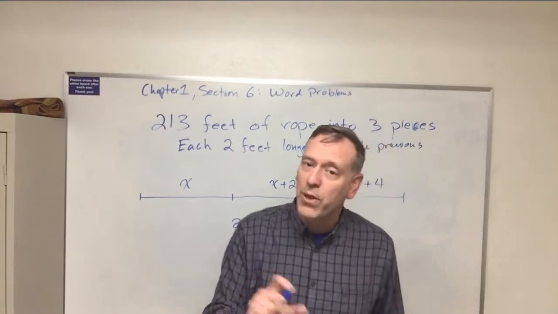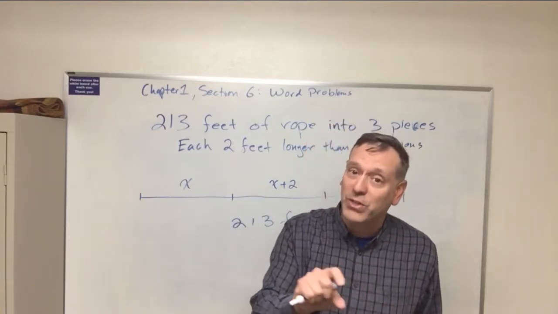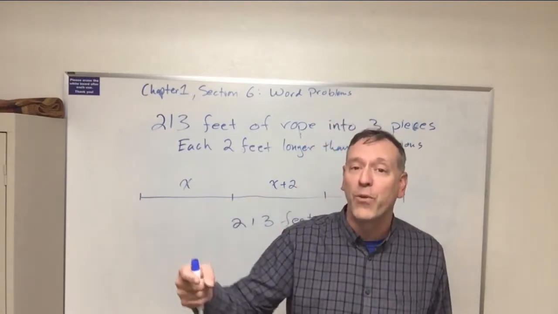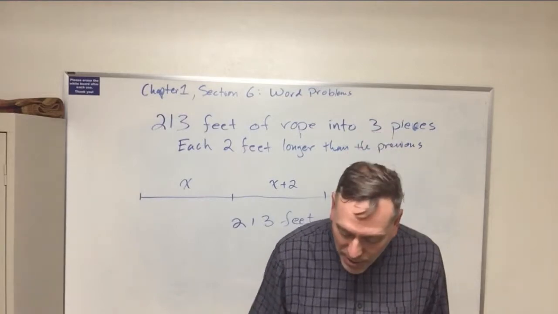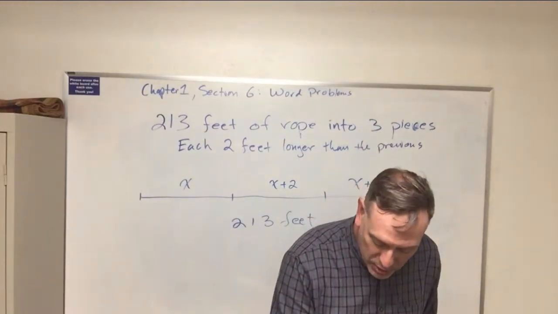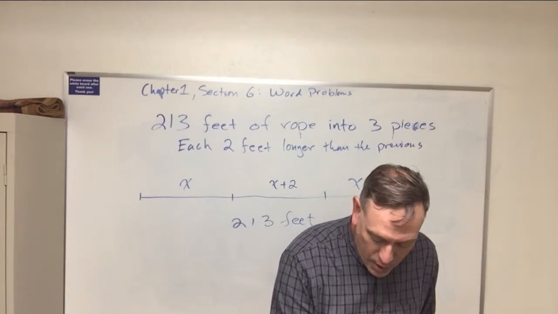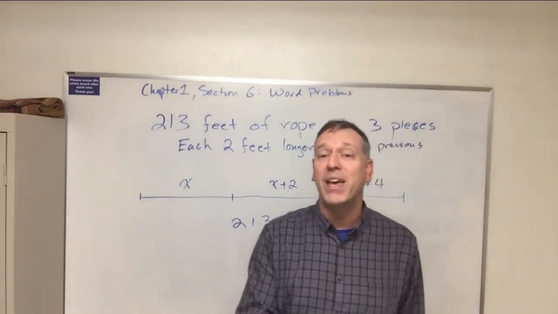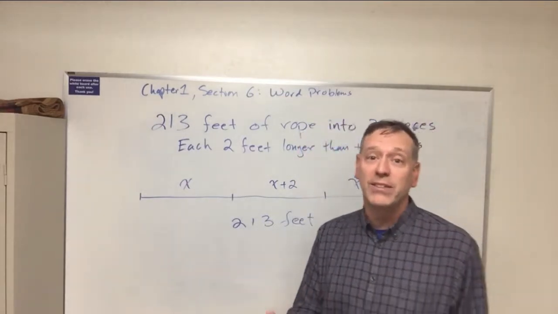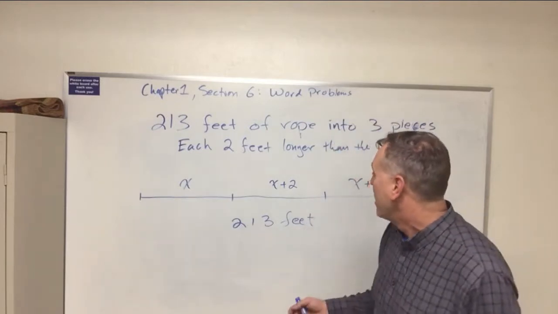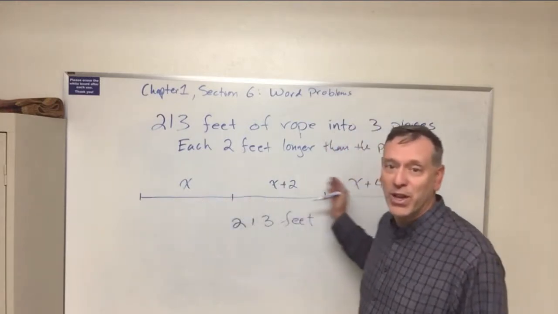So always carefully read the directions, so that you're sure to solve for what's actually being asked. In this case, the question reads as follows: where should this person make the cuts? That's a different question altogether than what's the length of the first and the last.